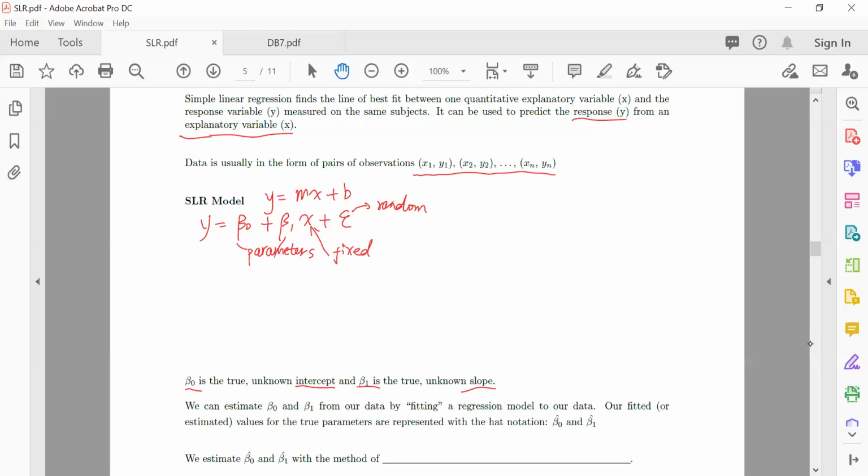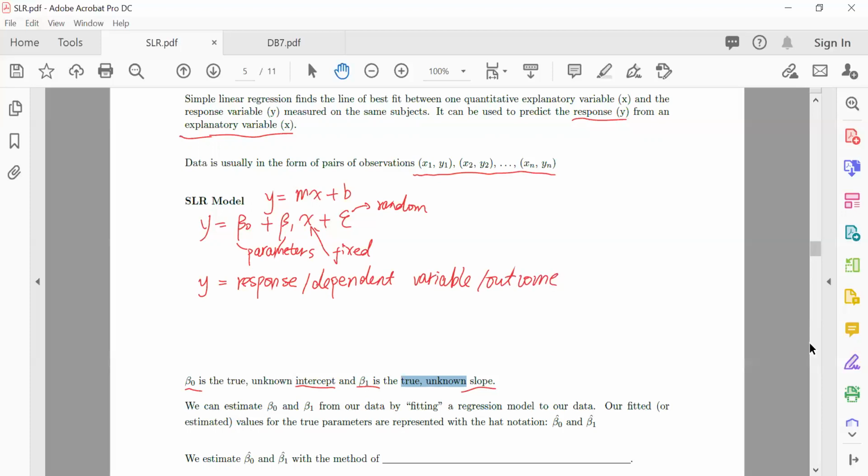And in this model, we usually will call y the response variable, or the dependent variable, or outcome.